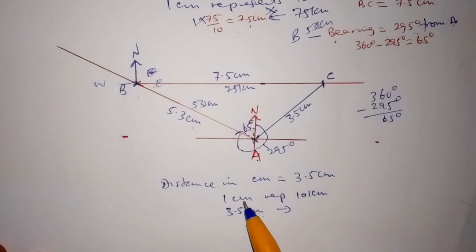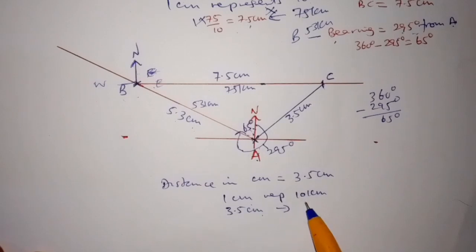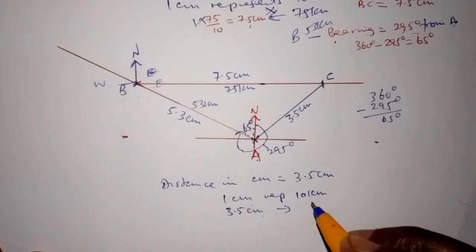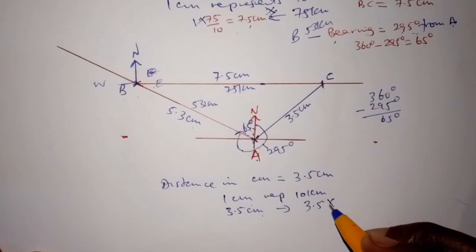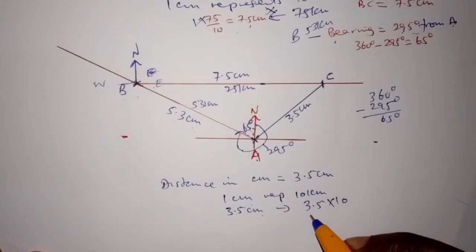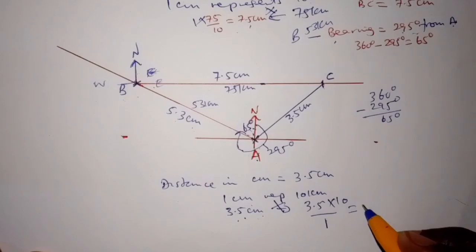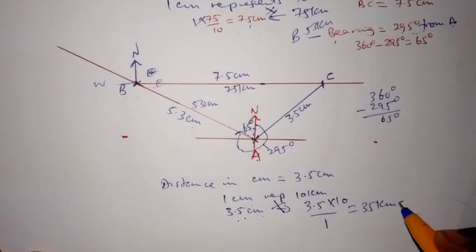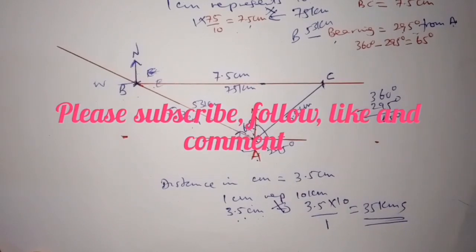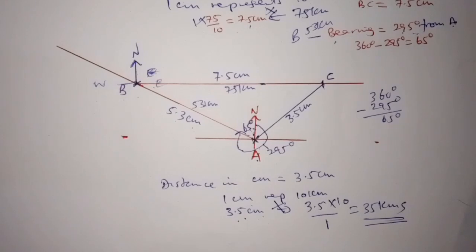We have been told that 1 centimeter represents 10 kilometers. That is our scale. Now what about 3.5 centimeters? It will be 3.5 times 10 divided by 1, which is equal to 35 kilometers. So our answer for part B is 35 kilometers.